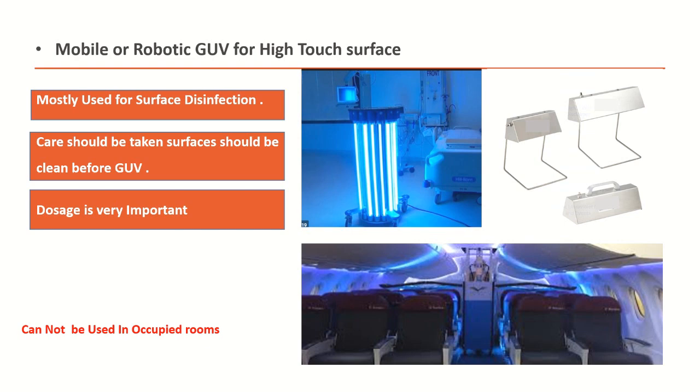This methodology is even used to disinfect aircraft. And below is the photograph of a unit that is showing you the disinfection being done using this type of methodology in aircraft. This methodology cannot be used in occupied rooms, and you need trained personnel to operate this equipment.